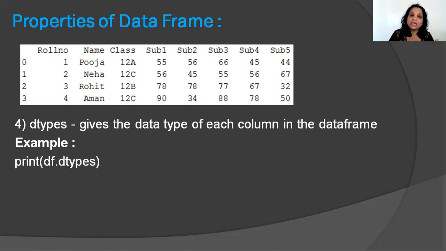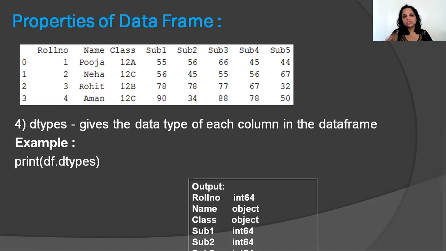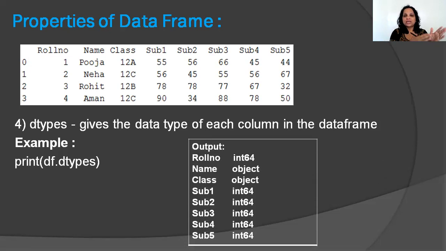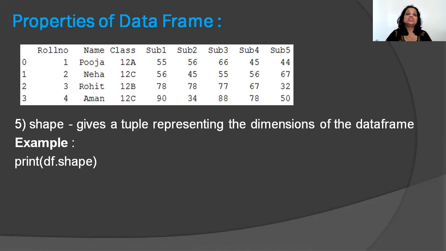So what the dtypes attribute is going to do is give you the data type of each column in the data frame. So how are you going to see it? It will tell you that roll number is so and so, name, we know that strings are called objects here. Name is object, class is object, and same with all the other columns.